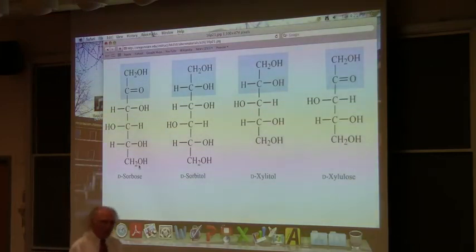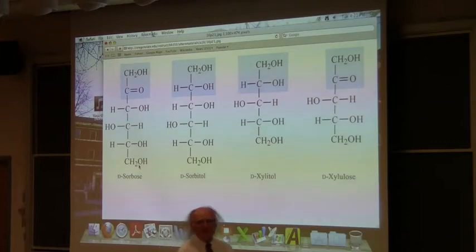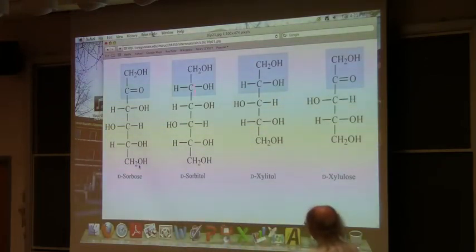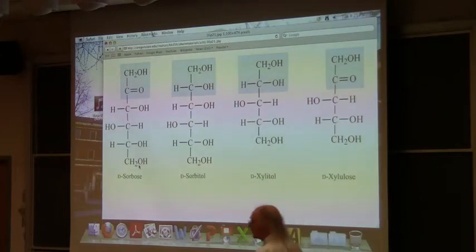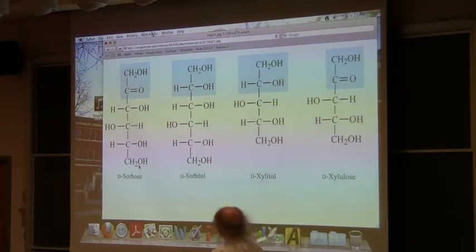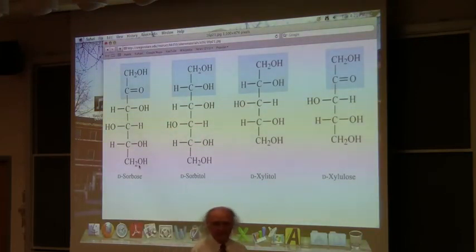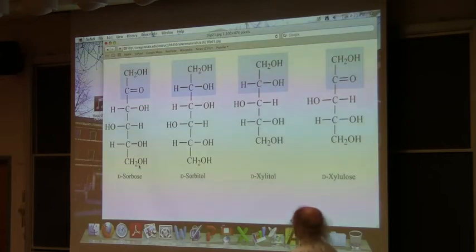These alditols have some properties kind of like sugar. In fact, artificial sweeteners, sometimes like sorbitol here, taste sweet because they have a structure very similar to sugar itself.